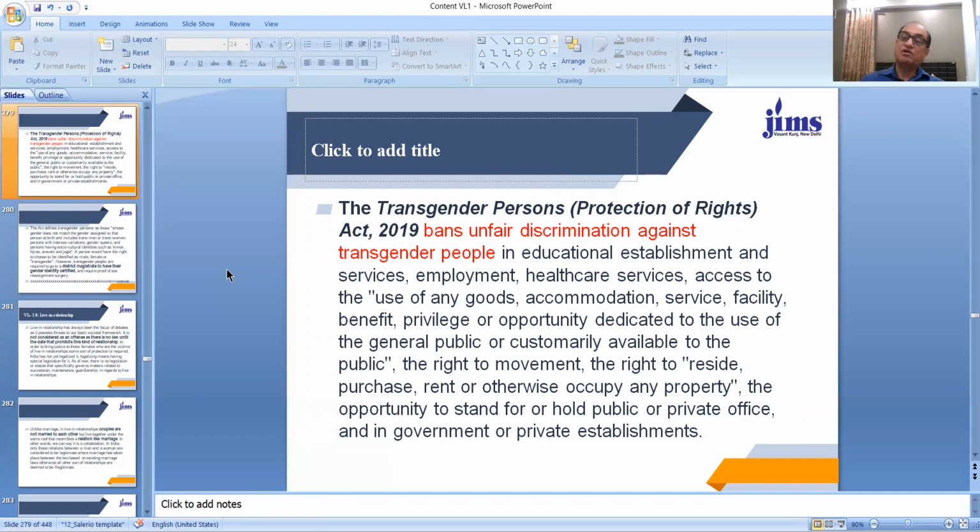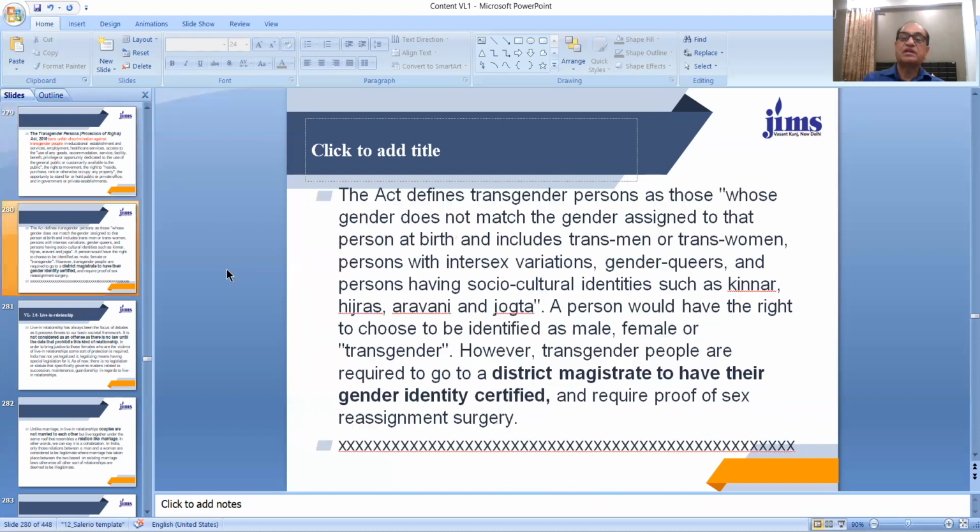It also covers the opportunity to stand for or hold public or private offices in government or private establishments. According to this Act, in all these items, discrimination against transgender persons is prohibited, and it is made a punishable offense if somebody discriminates against the LGBTQ community merely on the basis of their sexual orientation.